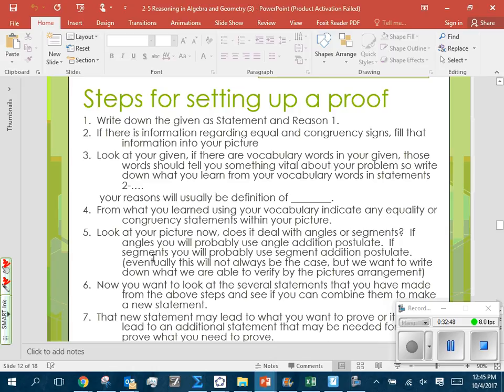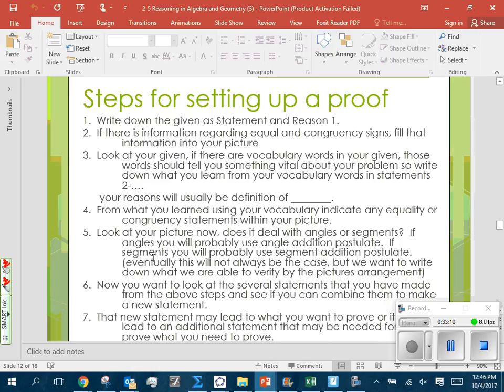Okay. Step 2 says if there is anything in your given that talks about congruency, maybe congruent angles or congruent segments or congruent triangles or whatever, we want to reference our picture and we want to draw that information into our picture. So what's going to happen is we're going to go through 8, 9 steps in some of these things.